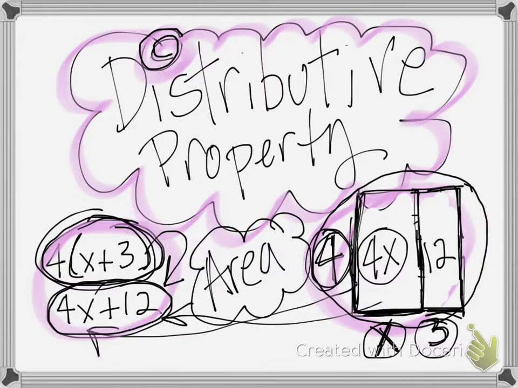This is our x plus 3. This is our 4. If we do the multiplication like we would in any area problem, 4 times x gives us 4x, and 4 times 3 gives us 12, and those correspond directly to our sum over here.